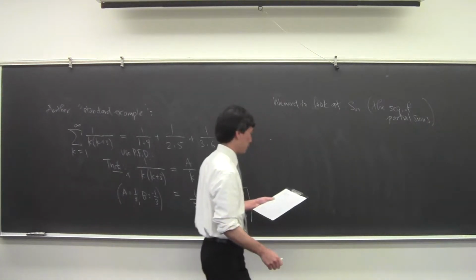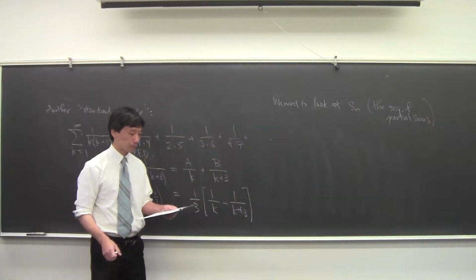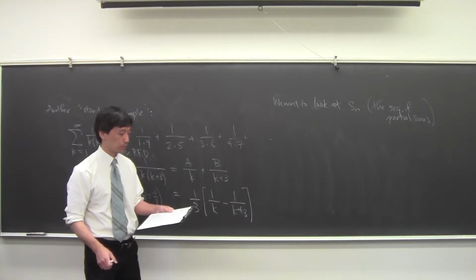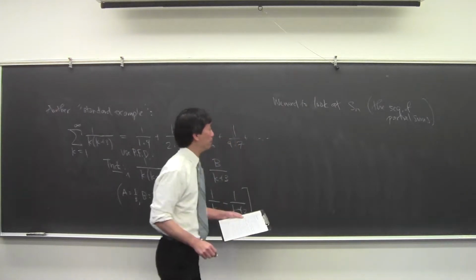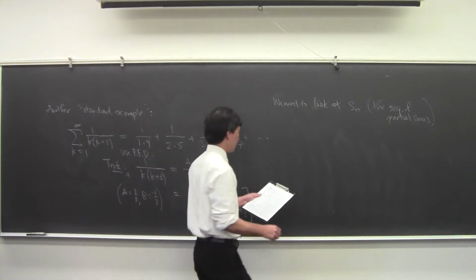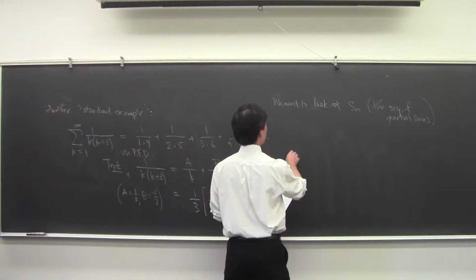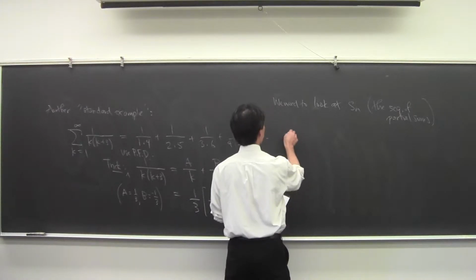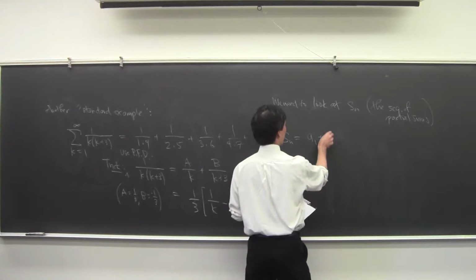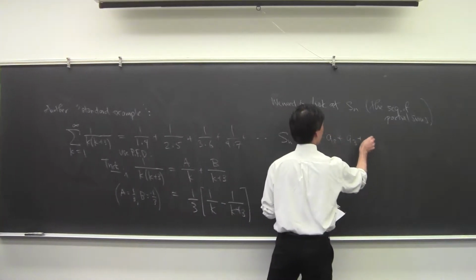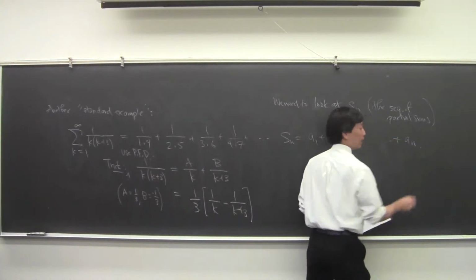Let me write it this way. S_n is going to be a1 plus a2 plus a3 plus, up to a sub n.